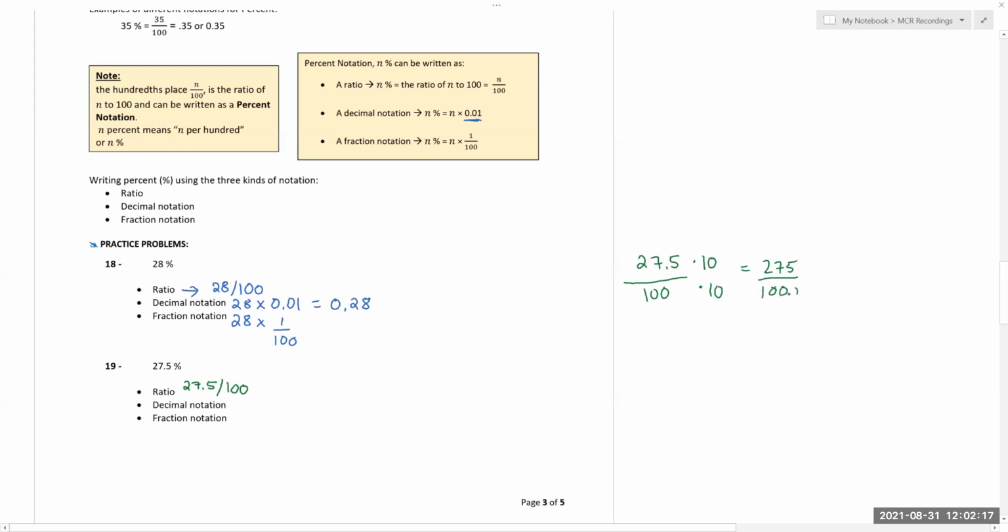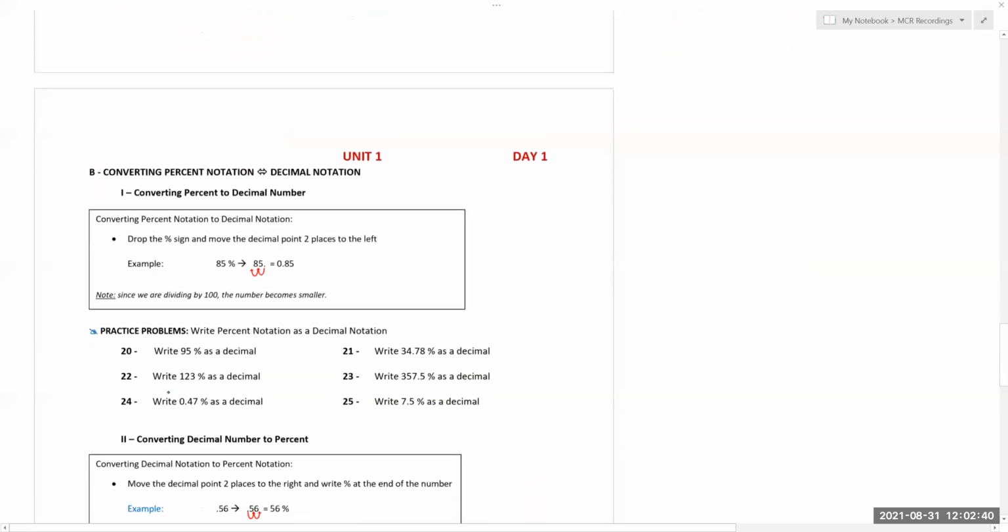So it's 275 over 1,000. For decimal notation, it would be 27.5 times 0.01. And for fraction notation, it would be 27.5 times 1 out of 100. Okay. So just a few to get used to that.